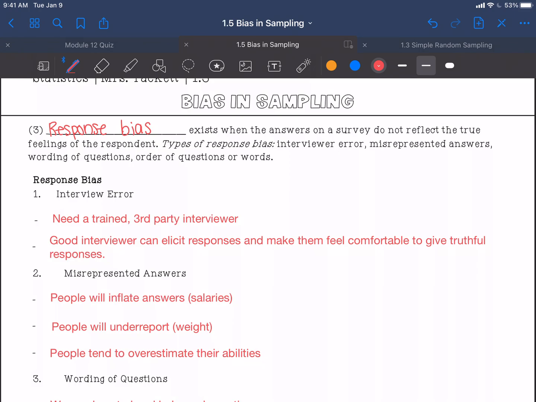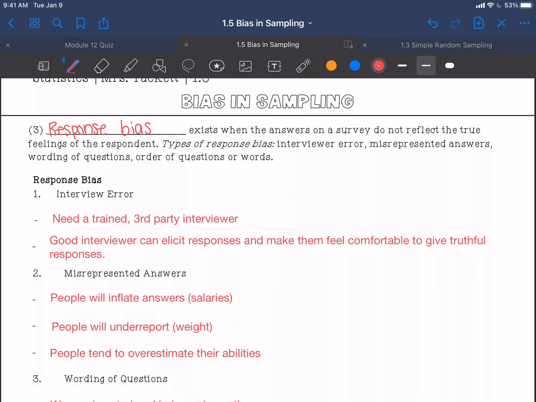So if a company is interviewing people about something specific, instead of someone within that company being the one creating the questions and interviewing, it is best to have someone who's not part of the company, doesn't have interest in what you are studying, and they need to be trained in how to interview.